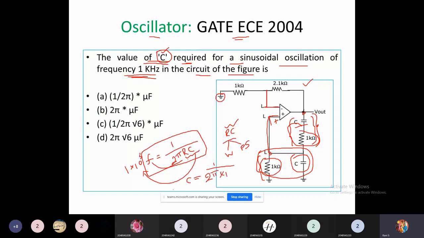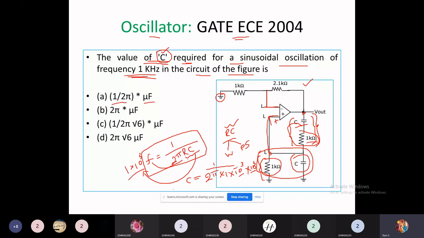In addition, the resistor is also 1 kilo ohm. Frequency is 1 kilohertz, resistance also 1 kilo ohm, so 1 into 10 power 3, right? So I simply write it as 10 power 3. What are the options given to us for the formula? 1 by 2 pi times microfarad. Because 10 power 3 into 10 power 3 is 10 power 6.